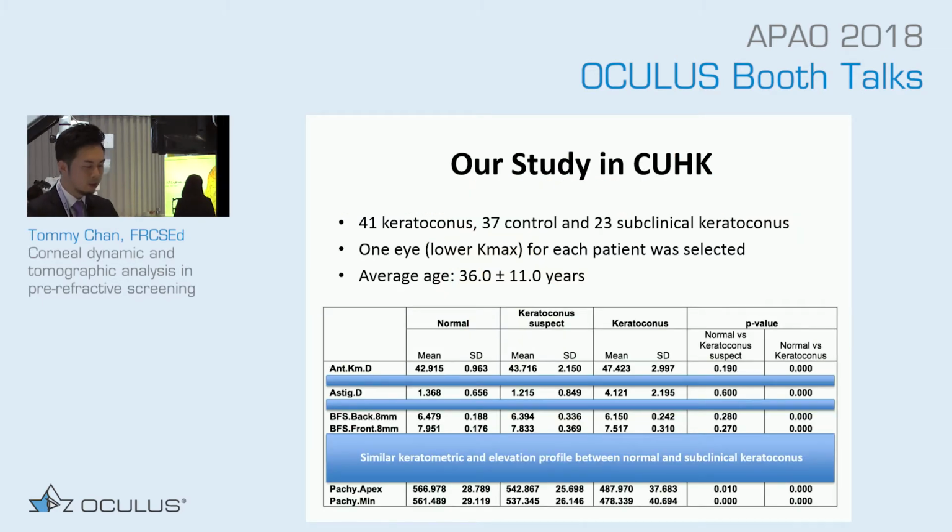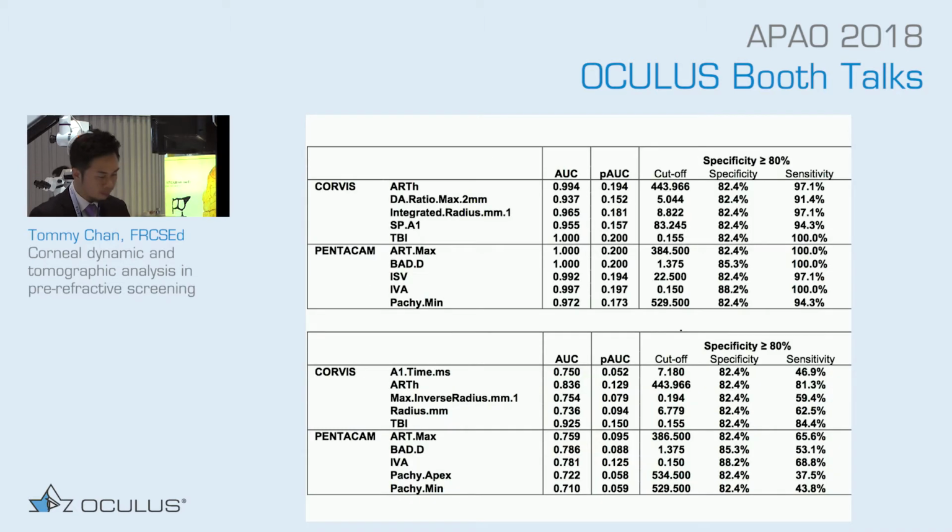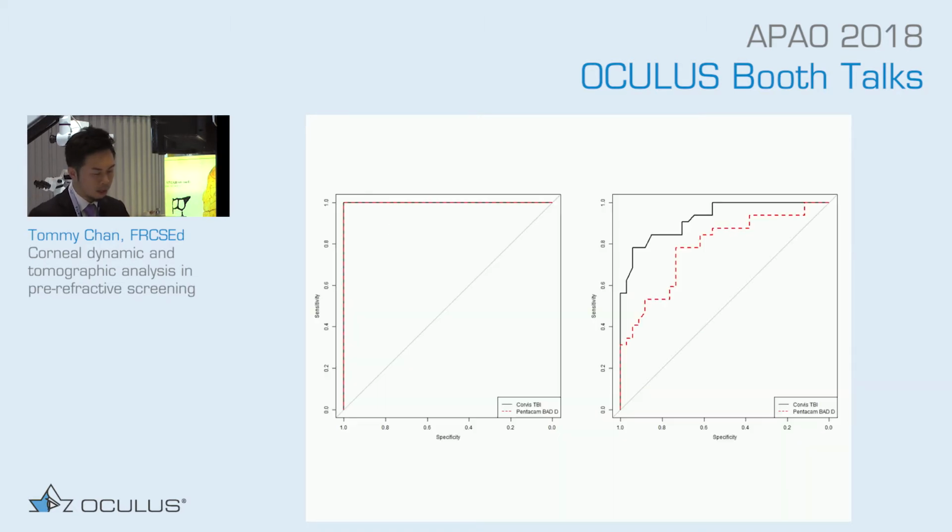We also conducted a study at CUHK, comparing cases with subclinical keratoconus and normal. You can see the anterior K-mean and the BFS are very similar between the normal and the keratoconus suspect. But when we look at the area under curve, we find that the area under curve for the black one, the TBI, is much higher compared to the red one, which is the BAD.